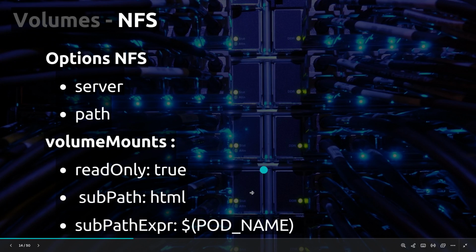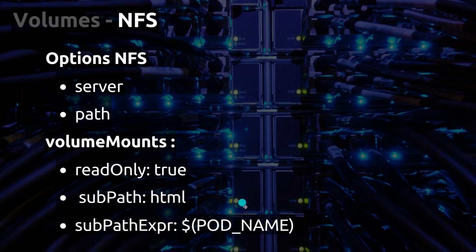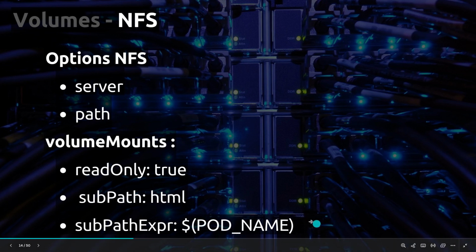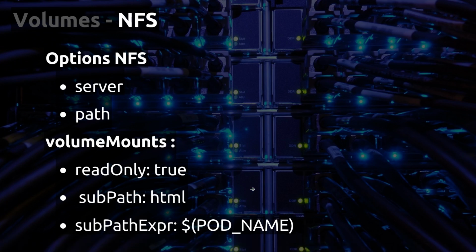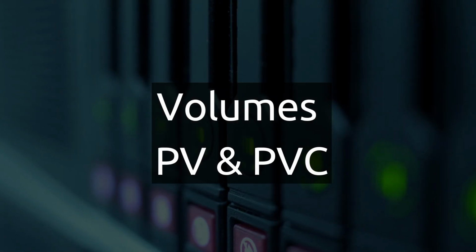To use it inside the pod manifest, you use the name of the environment variable like that, POD_NAME, with the dollar sign but with parentheses, because you can't use curly brackets. You need to use parentheses inside this manifest to use an environment variable directly. Oh, so this is for the next video.